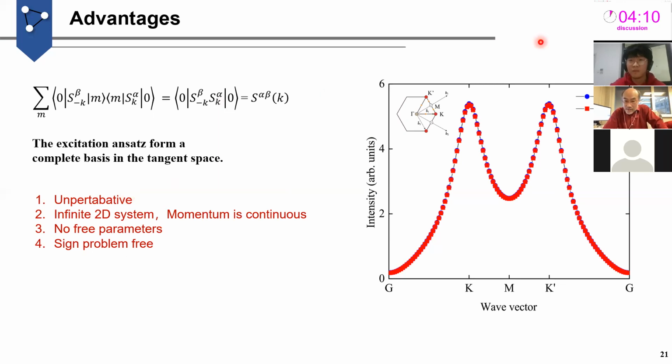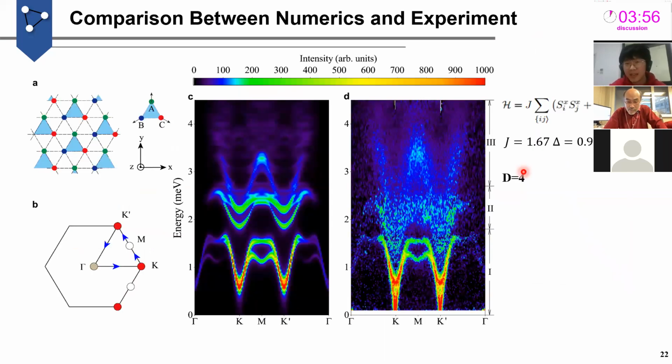Can I ask you some details of the numerical calculation? What's the maximum chi, and how large is the size of the unit cell you have chosen? Oh, we choose a fixed chi. You can see that we use the bond dimension 4 and chi is fixed to be 50.